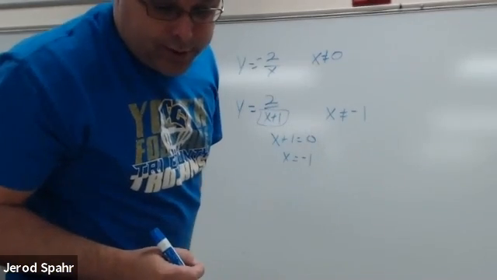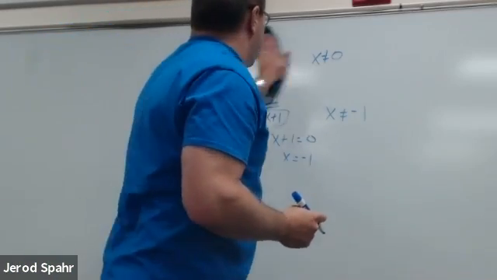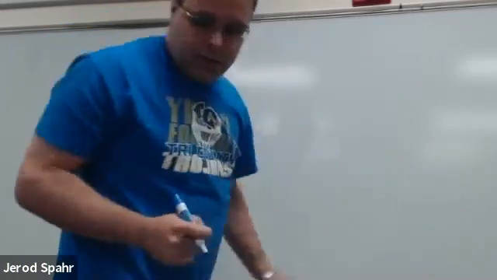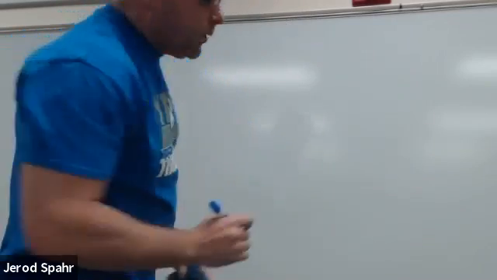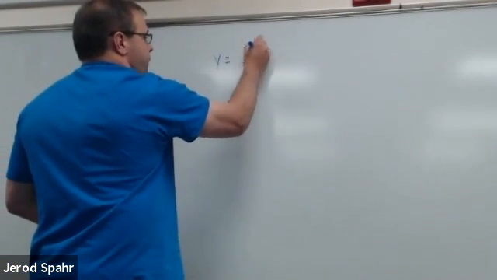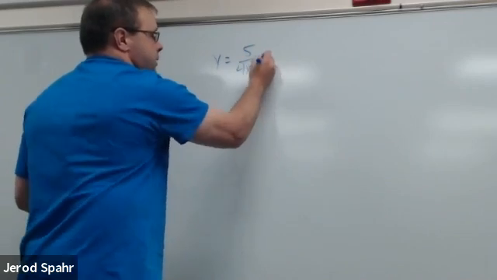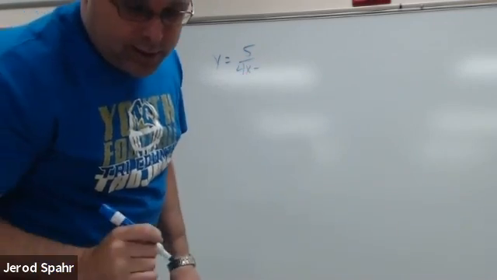For example, part C. We have y equals 5 over 4x minus 8.